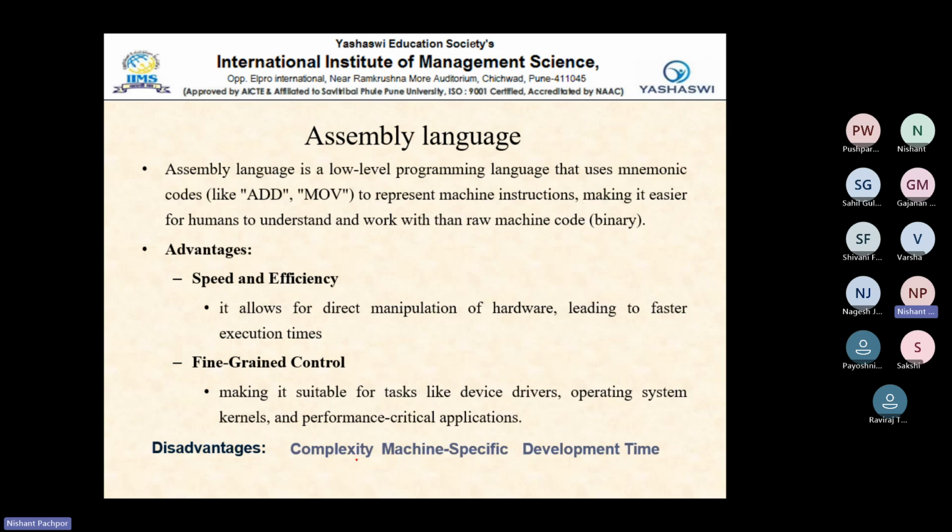Then for those processors they designed assembly language, which uses some mnemonics, easy to understand, like add for addition, and move for moving data.